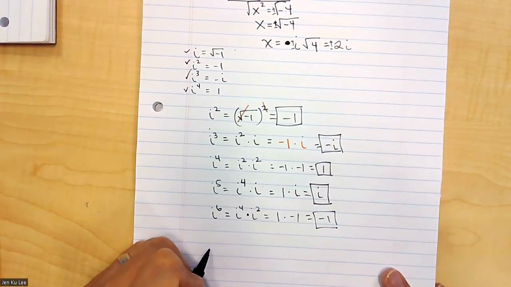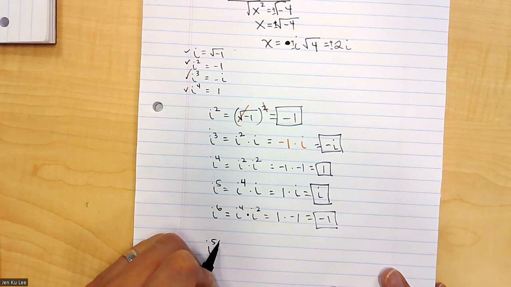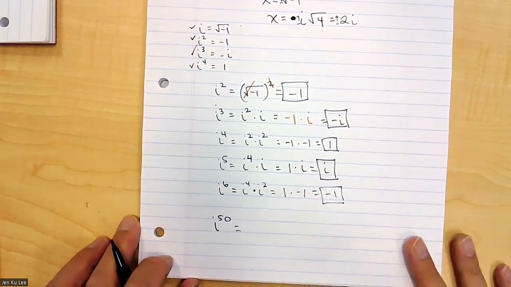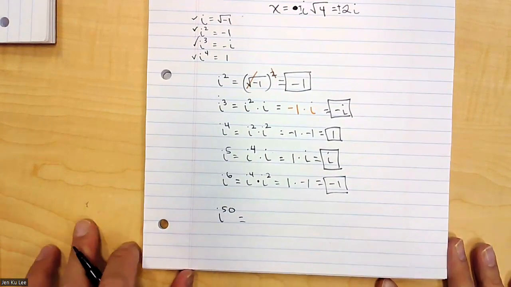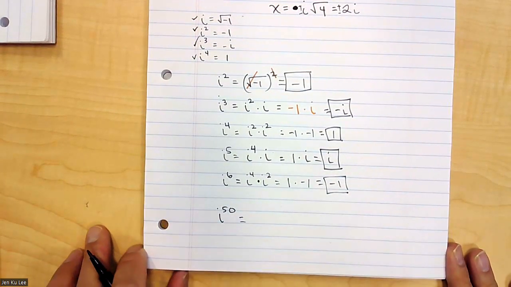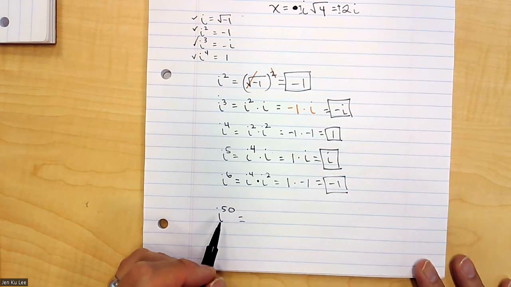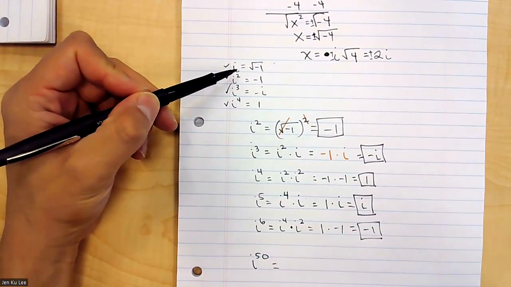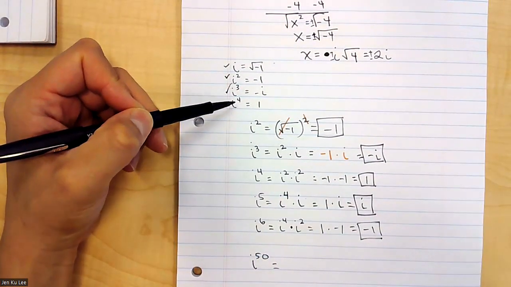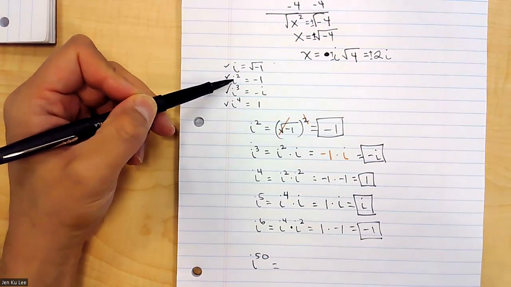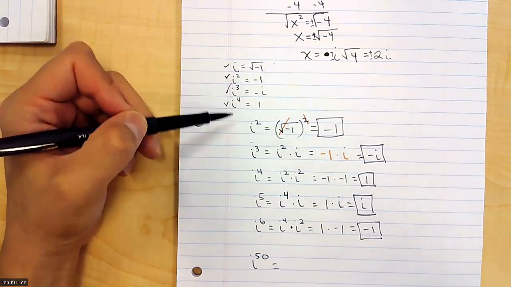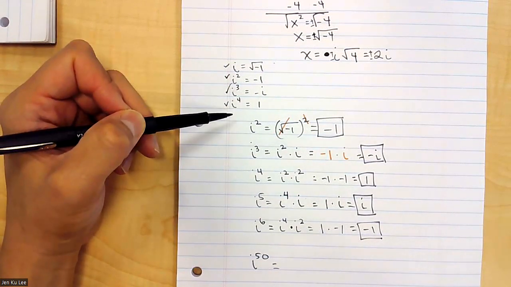So if I give you i to the 50th, try that. Since this is a recording and not a class, I'm going to just move on. So with i to the 50th, you can literally go i squared, i to the 3rd, i to the 4th, i to the 5th, 6, 7, 8, and keep on going until you get to 50, right?